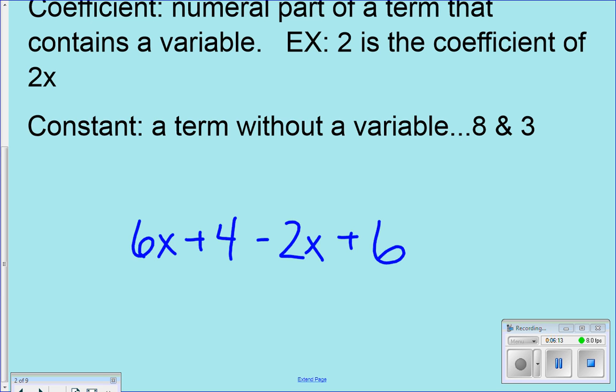What are my constants up here? Ryan? 4 and 6. What are my terms up here? What's a term that's up here? Ryan? Everything else, 6x, 4, 2x, 6, right? Those are my terms. So is everybody catching what I'm doing today? Because you're going to have to do that. They're going to give you something, and then they're going to make you list what everything is.